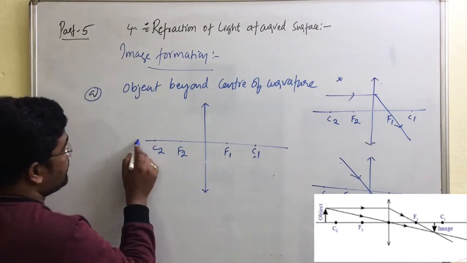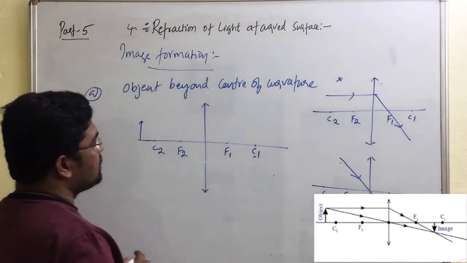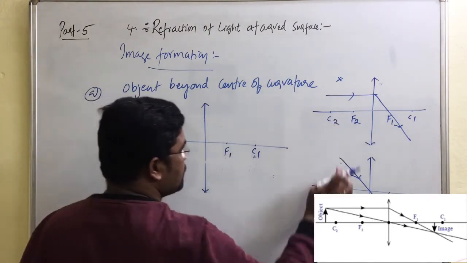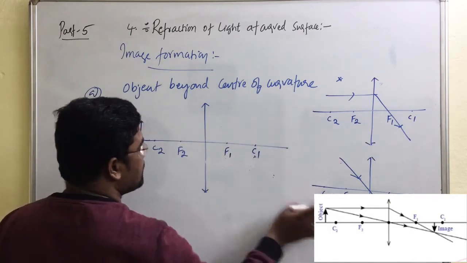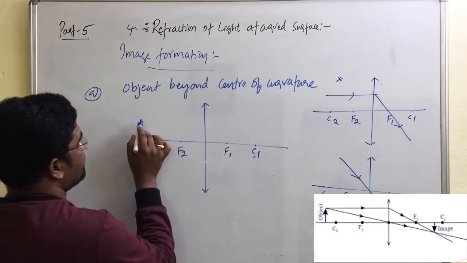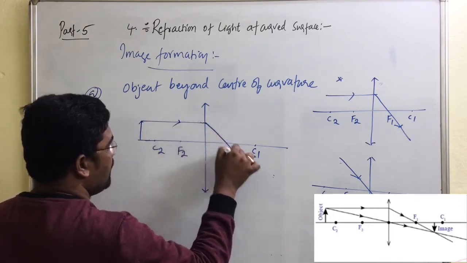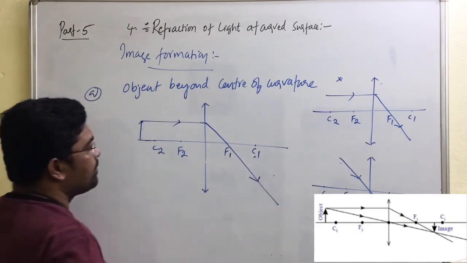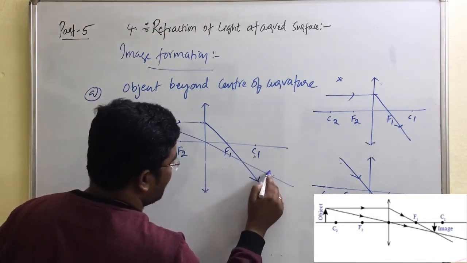Now the object is beyond the center of curvature. So this is our object. How to draw a ray diagram? We have to use these two rays from the tip of the object. The first one, the ray parallel to the principal axis, passes through the focus. Clear? Now the second ray passes through the optic center undeviated.